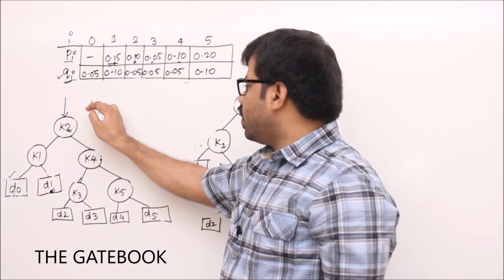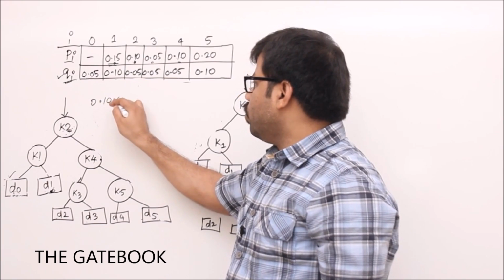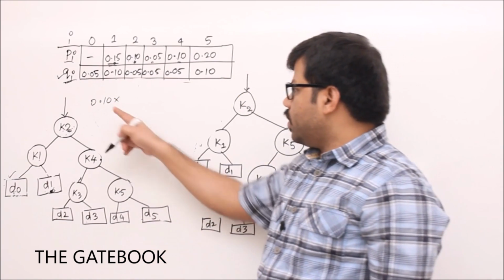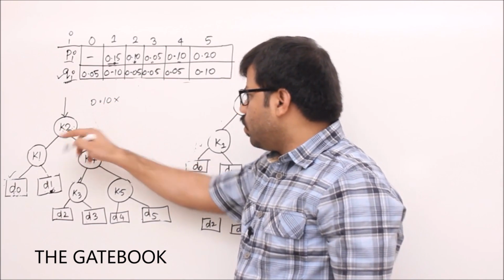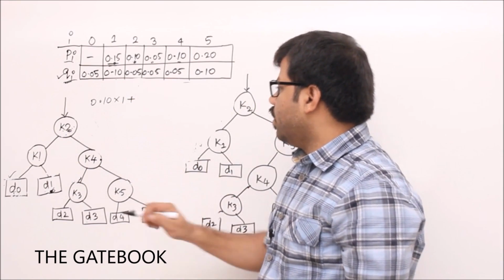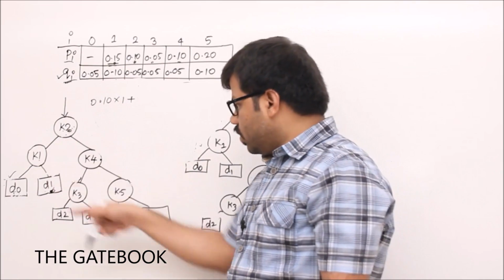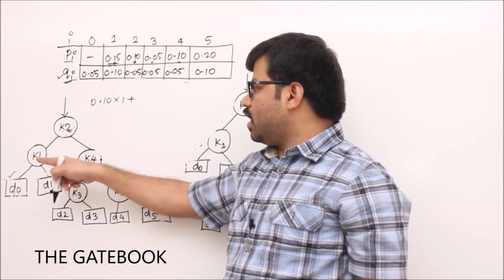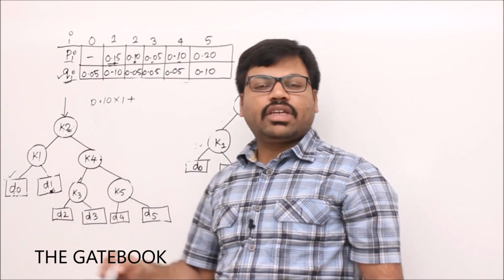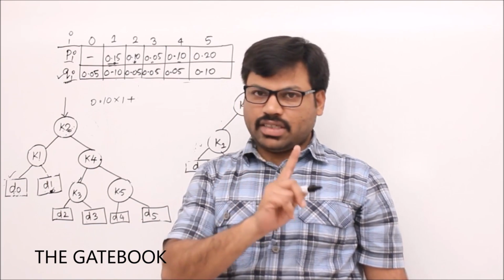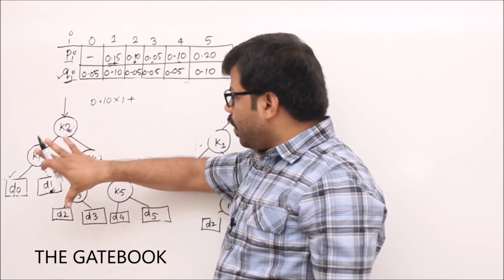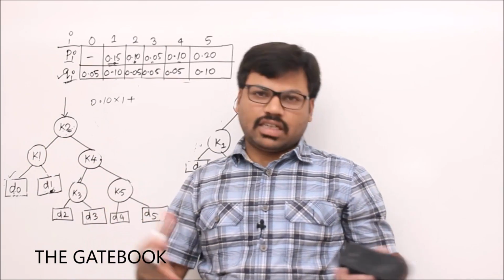So 10% of the time, or 0.10, both are the same. 10% of the time we search for K2, the penalty is 1 unit. Then we come to the penalty of K1. So the total penalty of the tree is the penalty of K2 plus the penalty of K1 plus the penalty of K4, everything. Correct? We have to minimize it. First of all, we'll see what the penalty or search cost of this tree is.